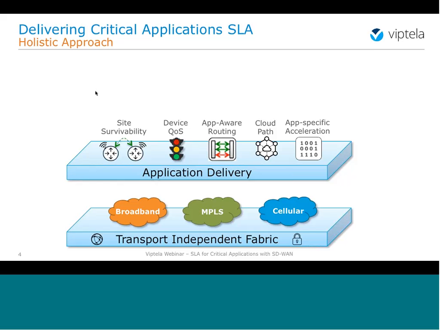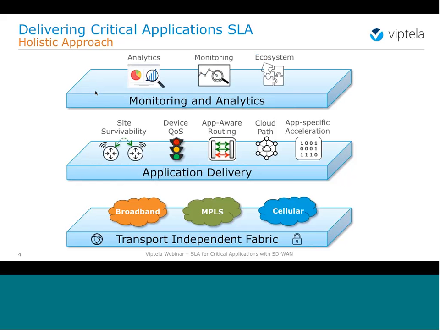Now, once those are delivered, of course, you want to make sure that things are monitored. You want to make sure that at any given time you have visibility into the actual performance of the applications as they're being delivered. You want to collect the analytics to have a long-term view of the performance of your fabric, and identify different trends that are emerging over time that may not be visible in purely simple operational monitoring.